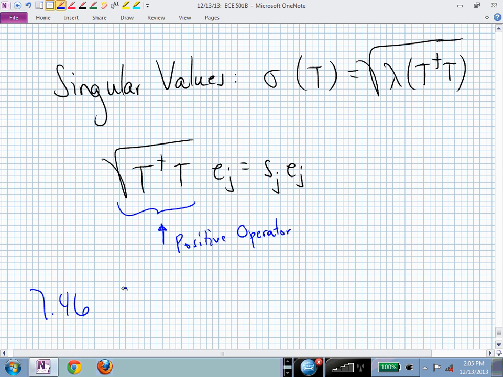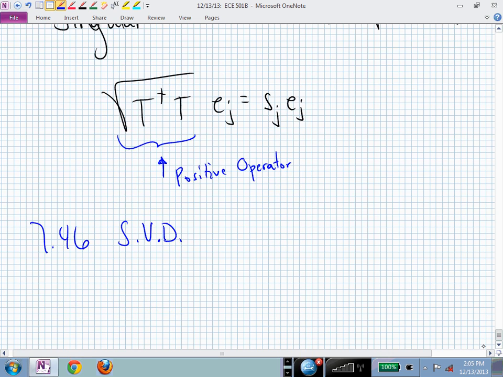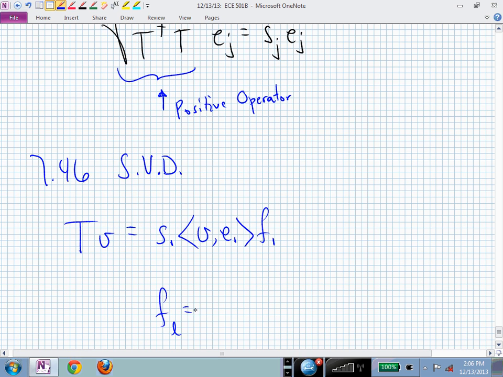theorem 7.46 gave us a way of decomposing any linear operator T that might map through a vector v as the singular value S1, v inner product with E1, scaling another direction, F1, where the E's are now what I just wrote up above for the positive operator, and the F's, which I will write underneath, the F sub l's are now related to some isometry map operating on E sub l.